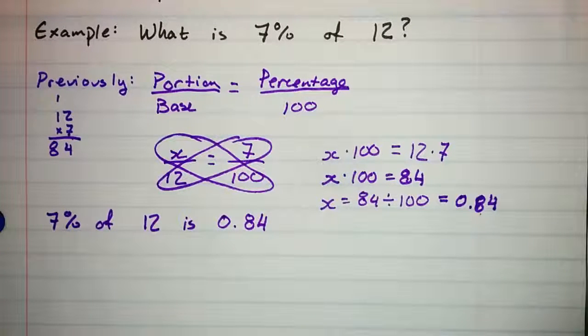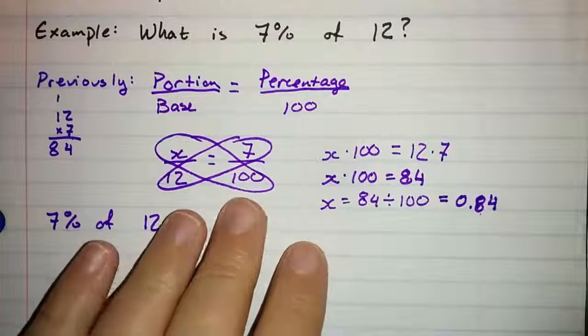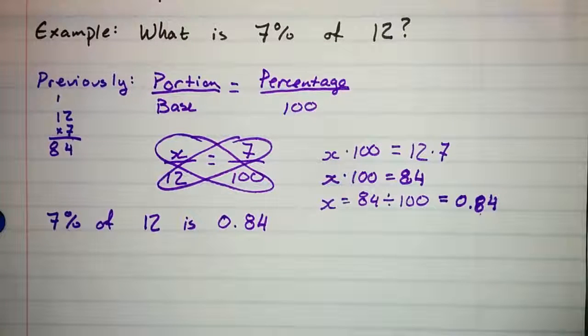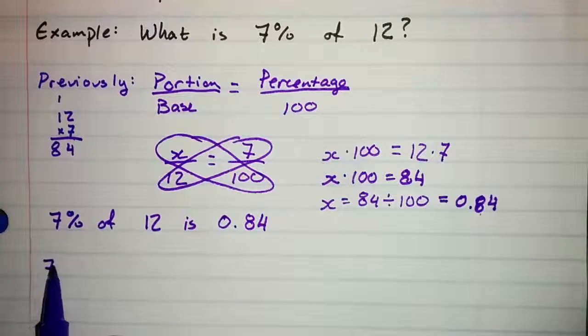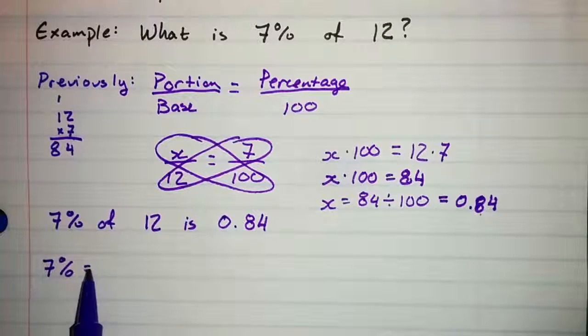Now you may have noticed in the earlier video where we used this technique that this process gets really, really repetitive. There's a lot of multiplying or dividing by 100 involved in this process. How could we shortcut this if we made 7% into a number? Well, remember, 7%, right?